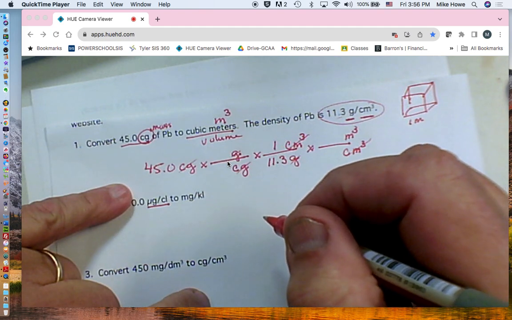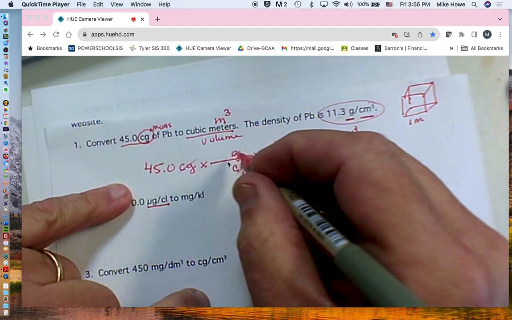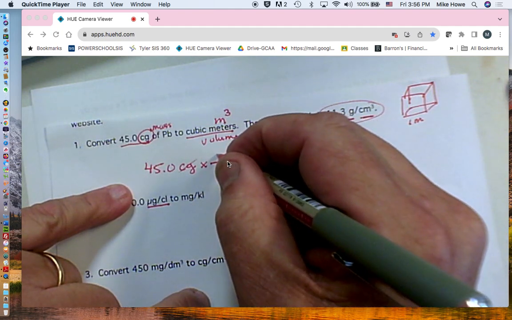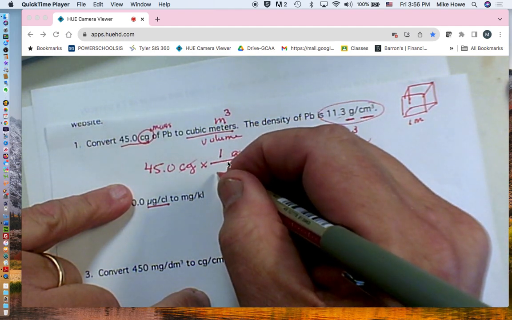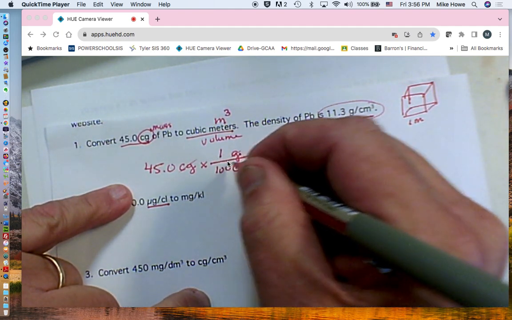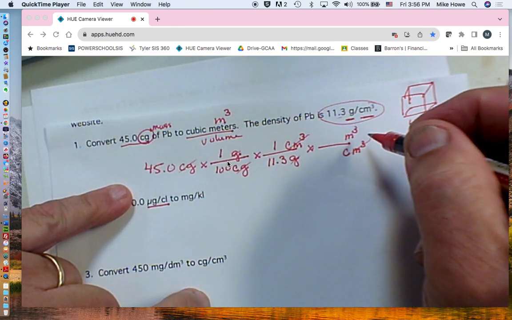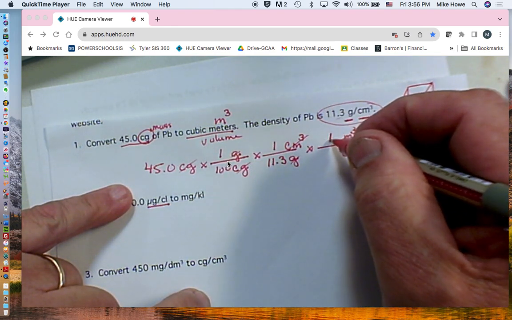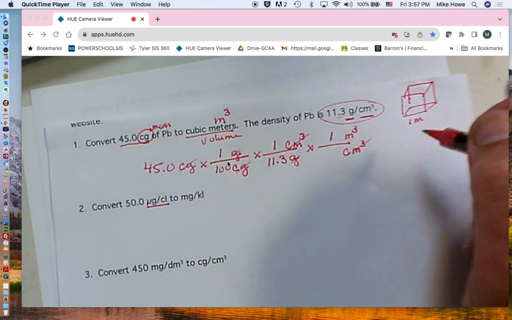So this is off of your things sheet. We know that 1 gram is 100 centigrams. Remember that centi has something to do with centuries, which is 100. We also know that a cubic meter is bigger than a cubic centimeter. So 1 cubic meter is some number of cubic centimeters.